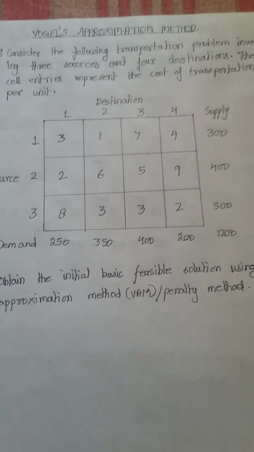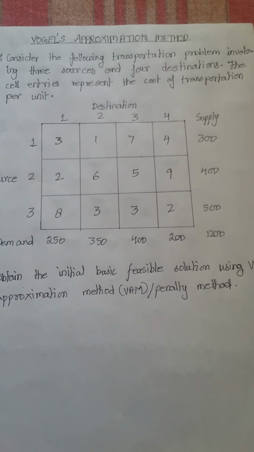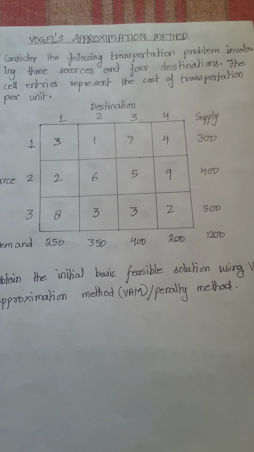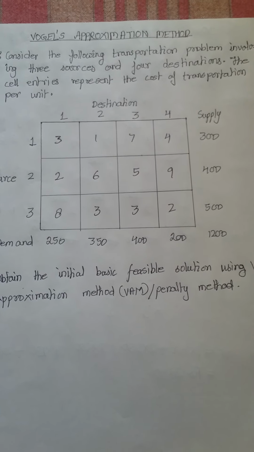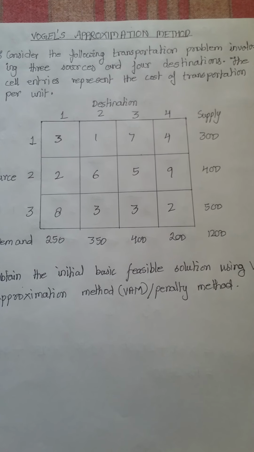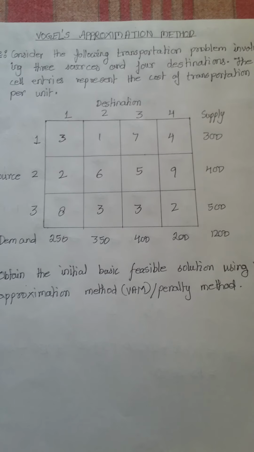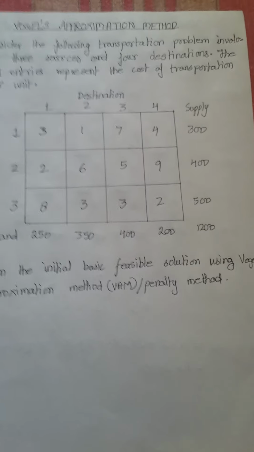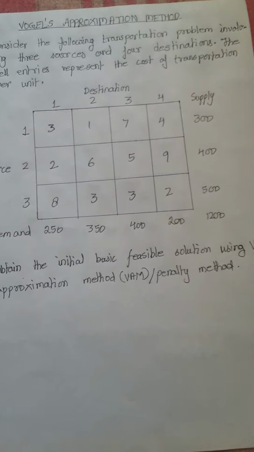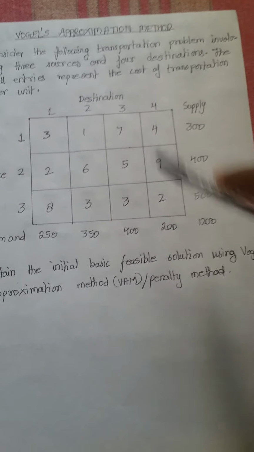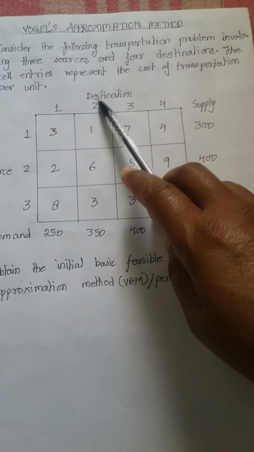So the example that we have here is, consider the following transportation problem involving 3 sources and 4 destinations. The cell entries represent the cost of transportation per unit. As you can see in the given matrix below, there are destinations and sources.